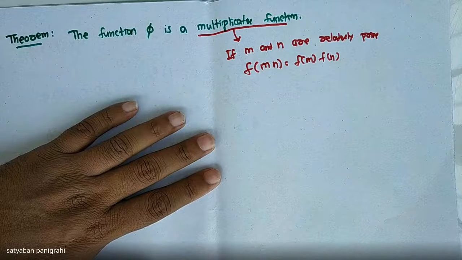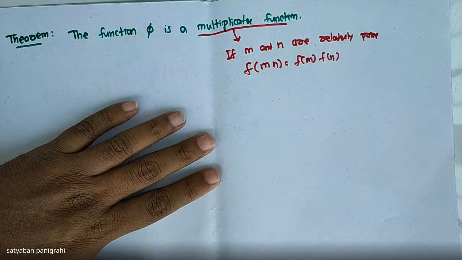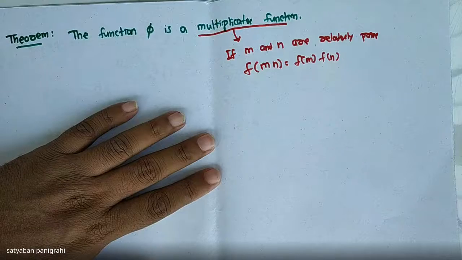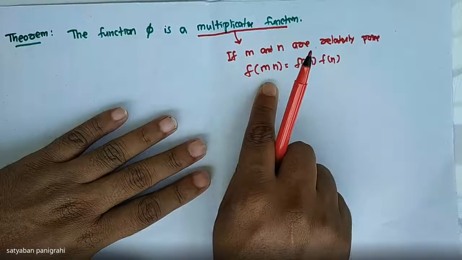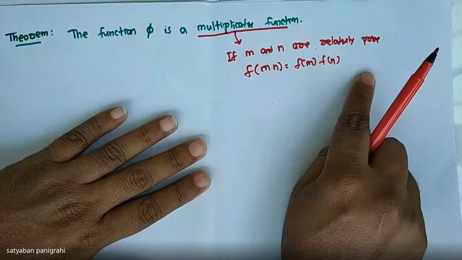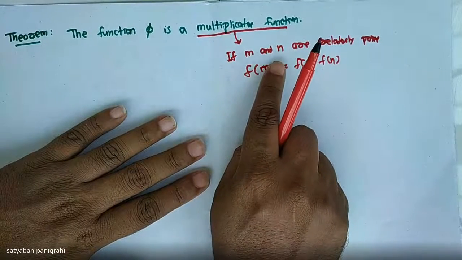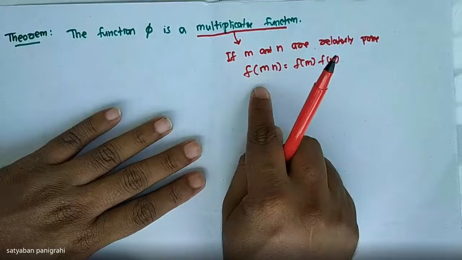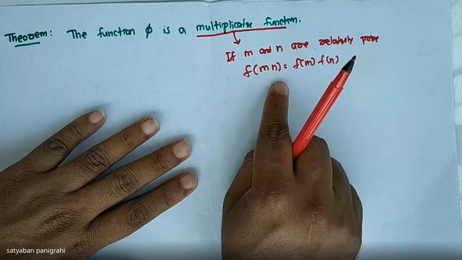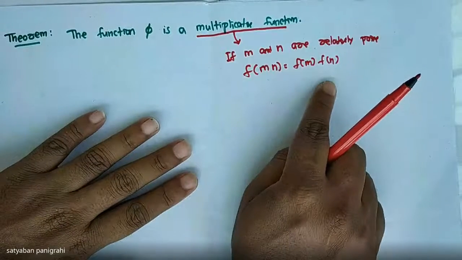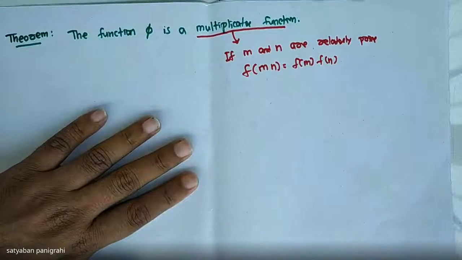If two numbers m and n are relatively prime, meaning there is no factor common between these two numbers, then a function f of mn will be equal to fm into fn, then the function is called multiplicative.